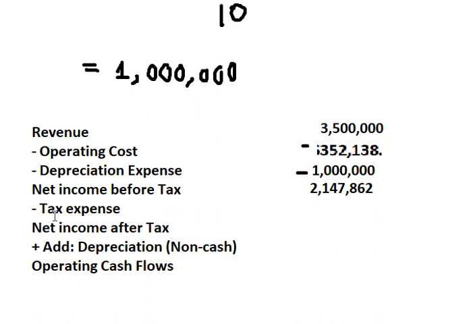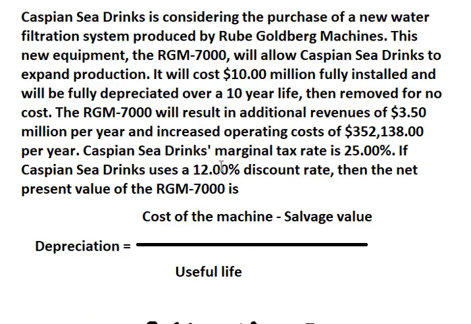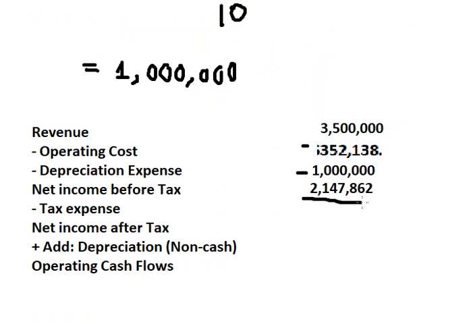So we need to find the tax expense. So we have a 25% marginal tax rate. So I will multiply this one by this one. So we have 536,965.5.